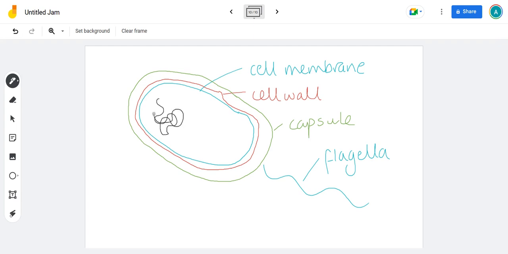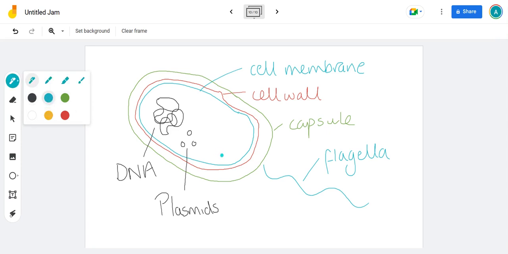As I said before, the DNA is a loop. It's a bit squiggly, but it joins up at the ends because it is one big loop, but it's not in a nucleus. Then we've got these extra little loops of DNA, which we call plasmids, much smaller. Then the inner membrane has these little folds in it called mesosomes.